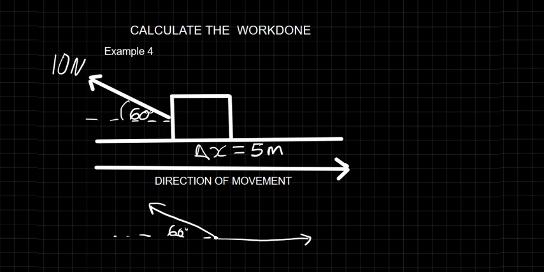So the angle between the applied force and the direction of movement is going to be this angle here. To get this angle, this is a straight line, and this part of it is 60 degrees. So this angle is going to be 180 minus 60, which gives us 120 degrees. So the angle between the force and the displacement is 120 degrees.